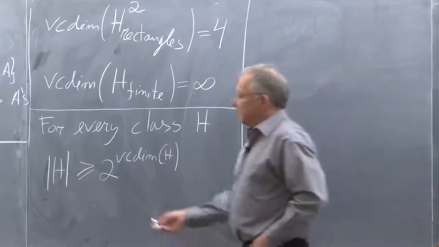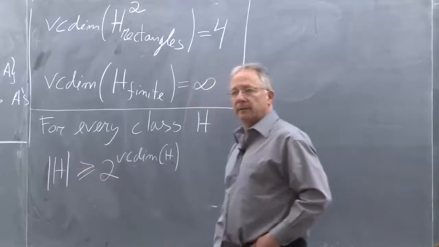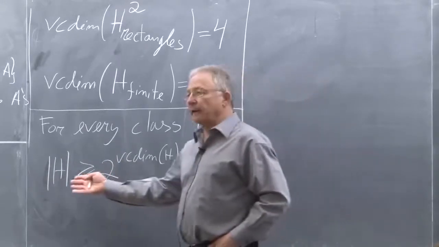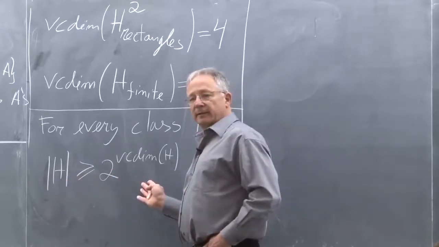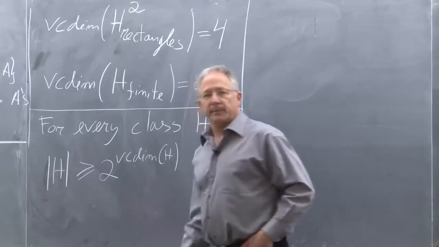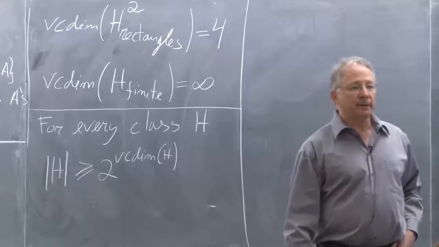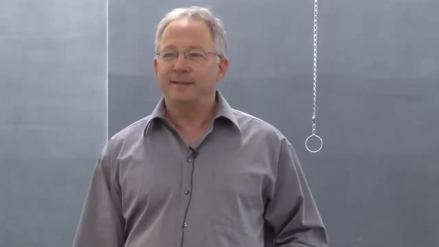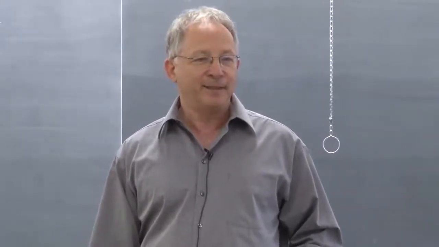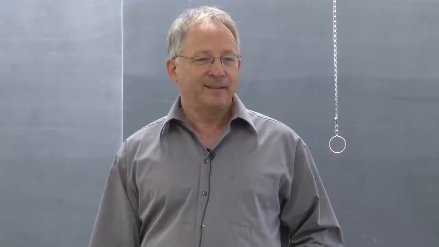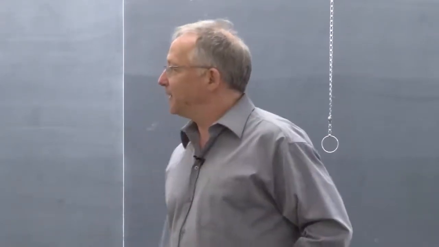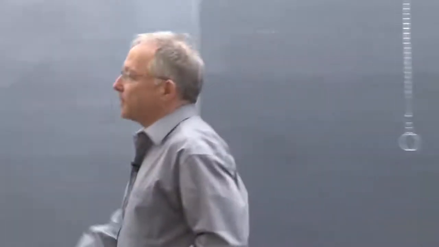Now we can ask, is this tight? Can it be that H is much bigger than this? What do you think? Do you have an example? Well, H thresholds. Yeah, look at H thresholds.